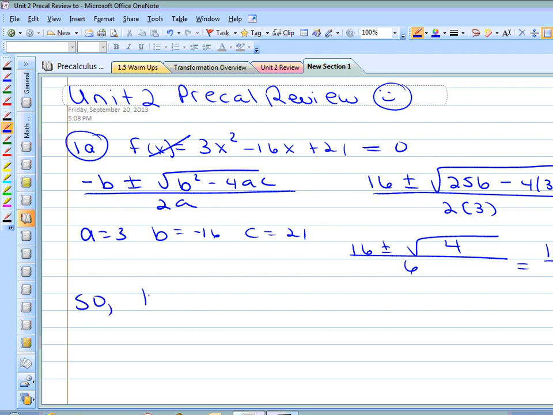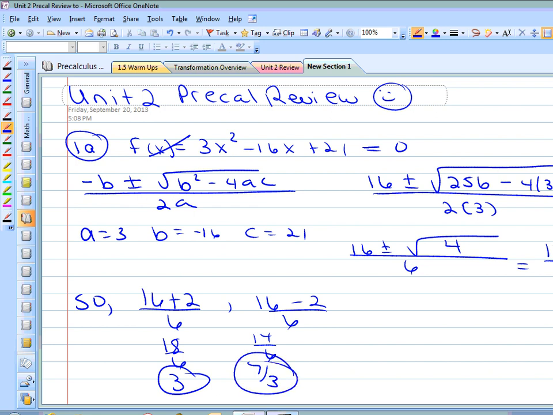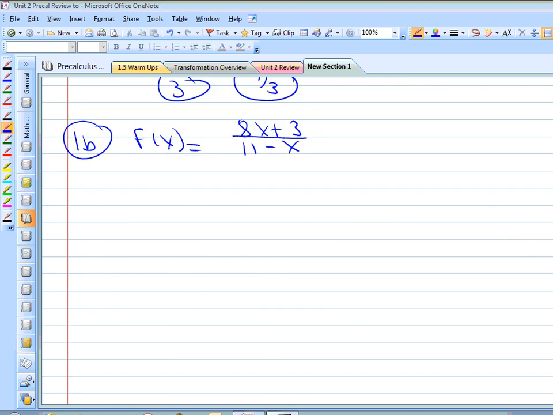We would have 16 plus 2 over 6, and 16 minus 2 over 6. 16 plus 2 would be 18 over 6, and 18 over 6, of course, would reduce to 3. And the other one would be 14 over 6, which would reduce to 7 over 3. And those are my two zeros. Way to go, Bearcats. Let's go to 1B.